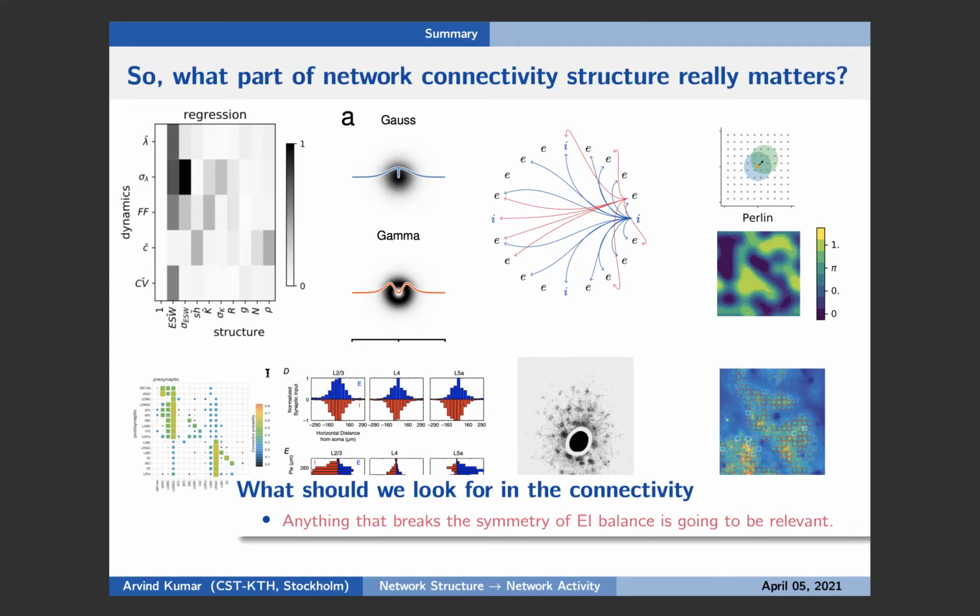So even if we are changing things, we are changing them homogeneously, and therefore we are not really introducing any asymmetry or any symmetry breaking in the EI balance, as opposed to other changes like this non-monotonic kernel shape, or the way neuromodulators can dynamically change the effective connectivity. They introduce spatial asymmetries. They disturb the EI landscape in the network, and therefore they are important.